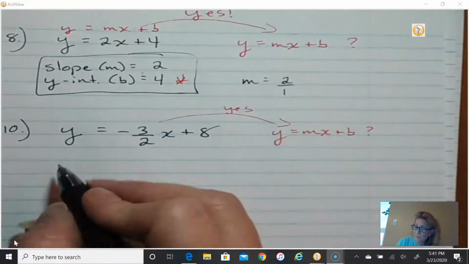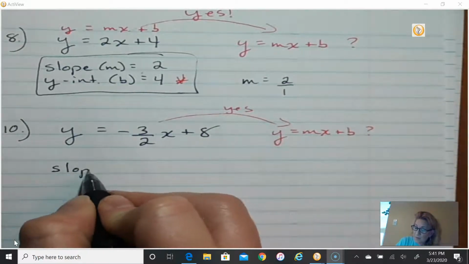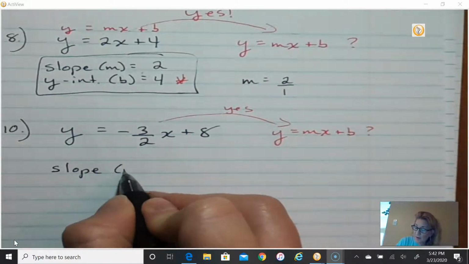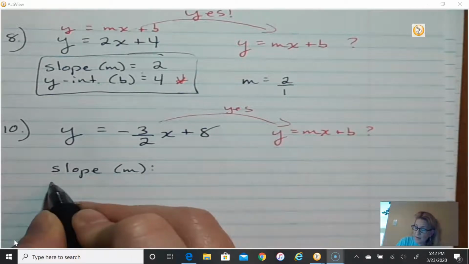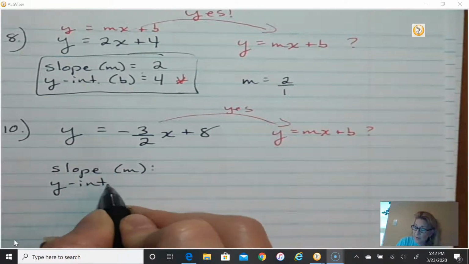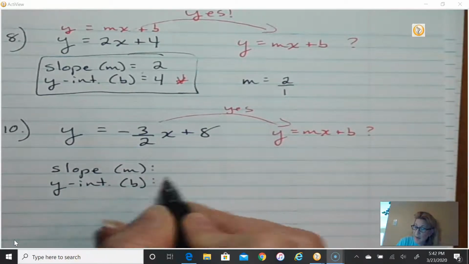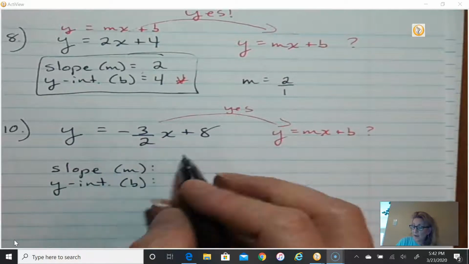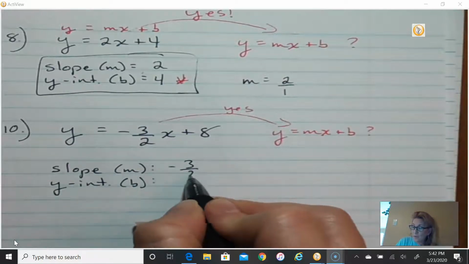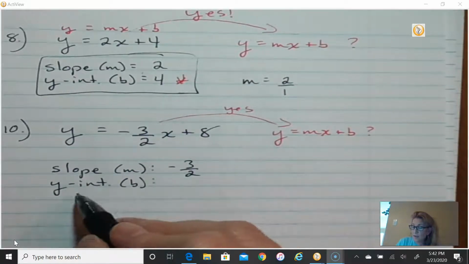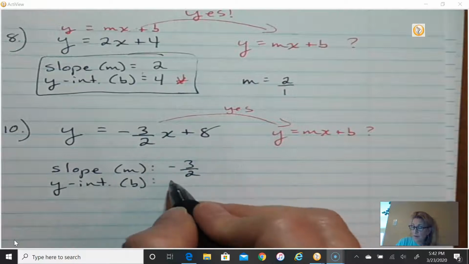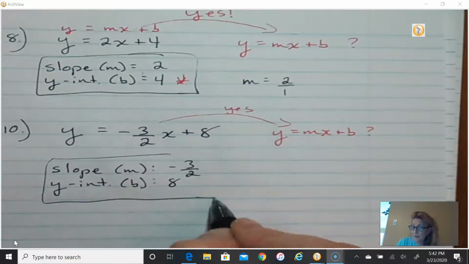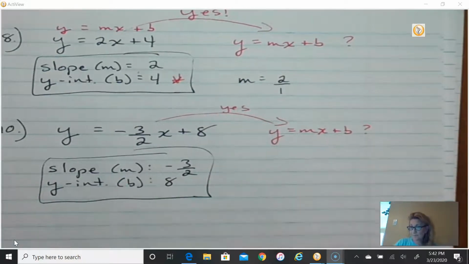So, your slope, y'all should be pausing this by now, and writing it down and then seeing if you got it correct. Your slope is -3/2. Your y-intercept is right here. It's 8. And that's your answer. Okay?